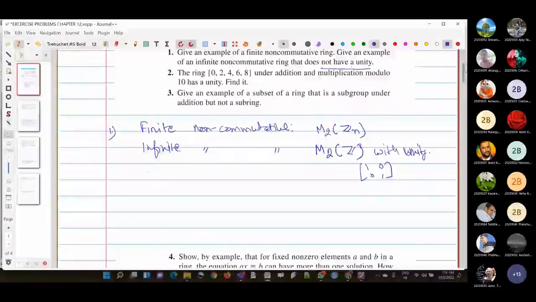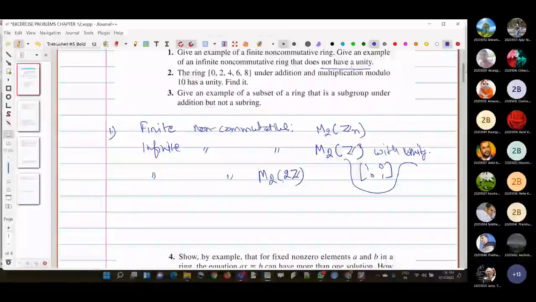So can you give me an example where it is infinite and non-commutative, but without unity? Take M2 of 2Z, or any nZ, any such subgroup of Z. Yes, so this is M2 of 2Z or M2 of mZ kind of thing, where m is not 1.